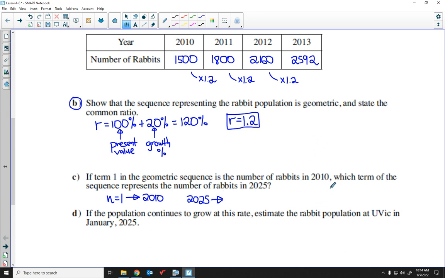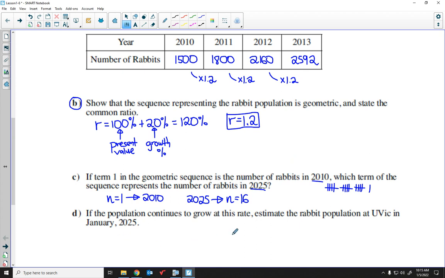This would be 2010, 2011, 2012, 2013, 2014, 15, 16, 17, 18, 19, 20, 21, 22, 23, 24, 25. So actually, in 2025, we're going to be in year 16 that we're interested in. Just be a little bit careful when you're given a population in terms of years, then you want to relate that to the number of terms that are going to be in the sequence.